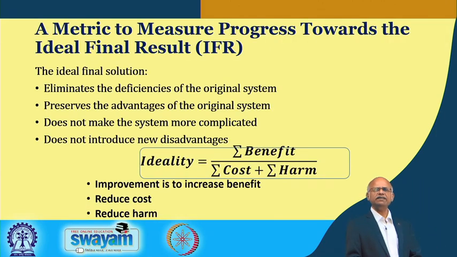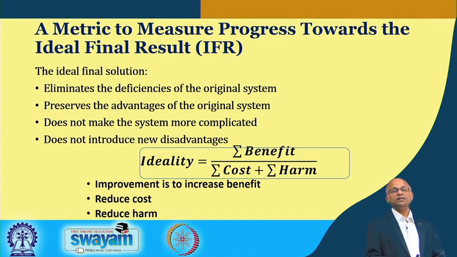Here is the ideality equation. The ideality equation says that you have to continuously try to eliminate the deficiency of the original system, meaning that there is a product somewhere, you try to eliminate the deficiency, preserve the advantage, do not curtail the advantage, and do not make the system more complicated. So, try simplicity.